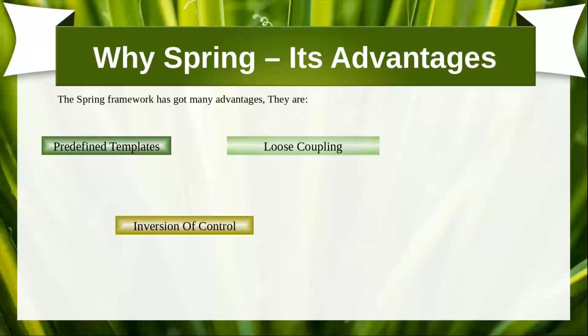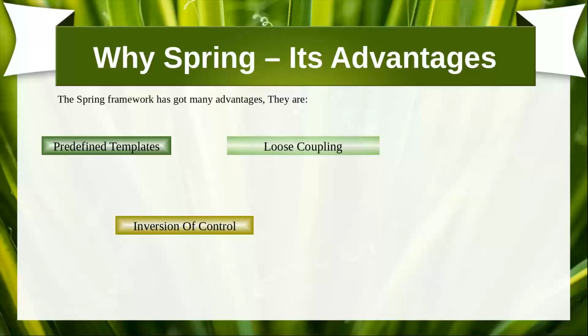Now we'll come to loose coupling. Dependency injection also provides loose coupling. Now what is loose coupling? If there is a dependency between two classes, or a has-a relationship between two classes, then one class is dependent on the other class.